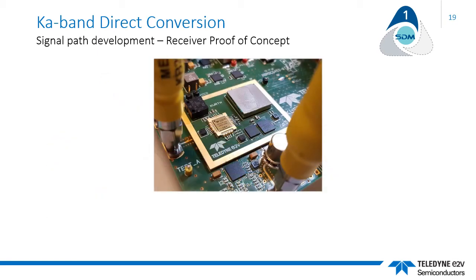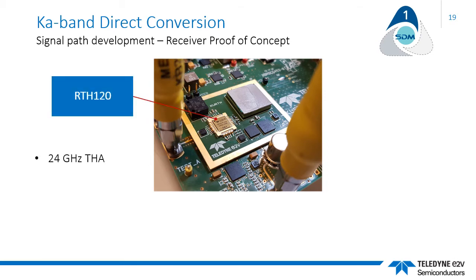The graphic in the center of this screen shows the modular elements of the experimental circuit. On the left-hand side is the RTH120, and the ADC is shown on the right. The dual sample track and hold circuit provides a hold time that extends beyond half the sample clock period. And as stated here, it has a bandwidth in the order of 24 GHz.